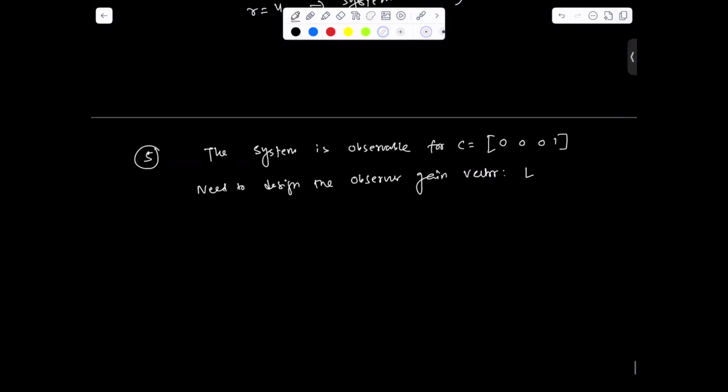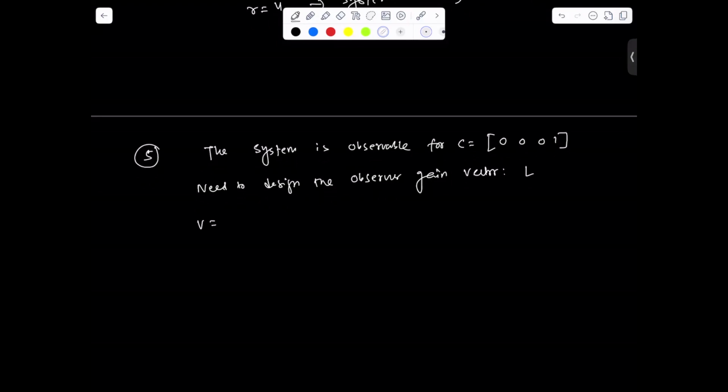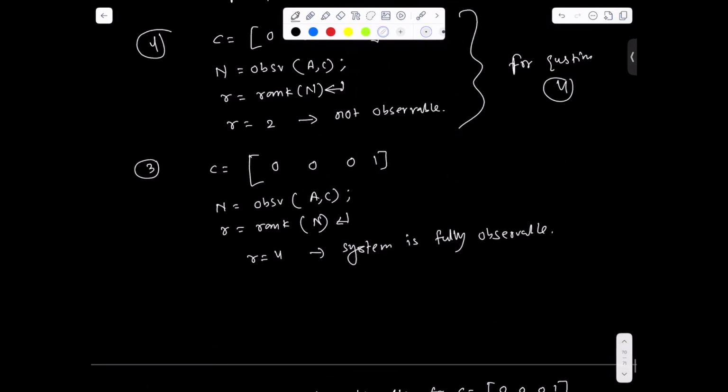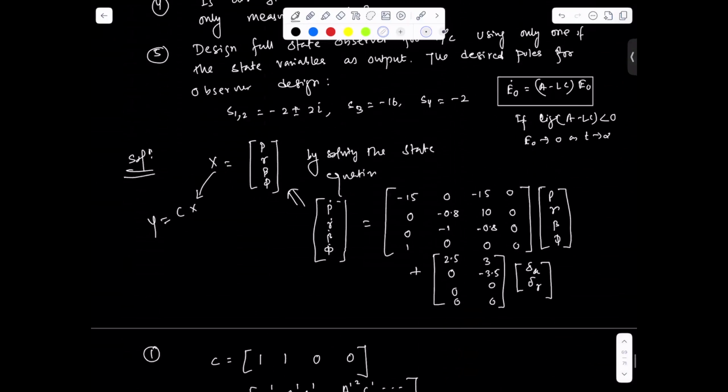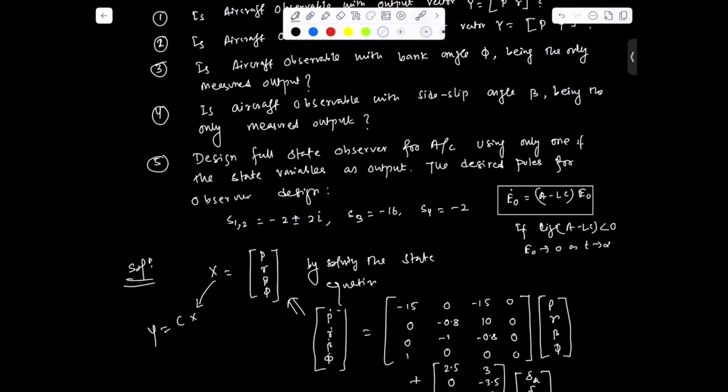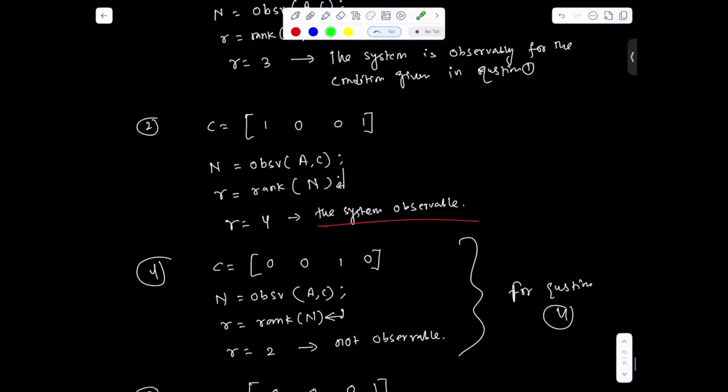So to find L, we need to have the desired observer poles. So V is given to us in the problem. We can form the V vector using this desired pole location, right?